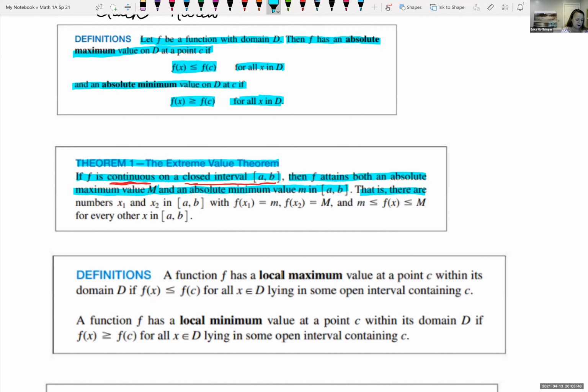That is, there are numbers x1 and x2 in [a, b] where if we plug x1 into our function and get our y value, that is equal to little m, and if we plug in x2, where the biggest value occurred, we find our y value, which gives us the capital M value. And it has to follow that little m is less than or equal to f(x), which is less than or equal to capital M, for every other x in that closed interval.